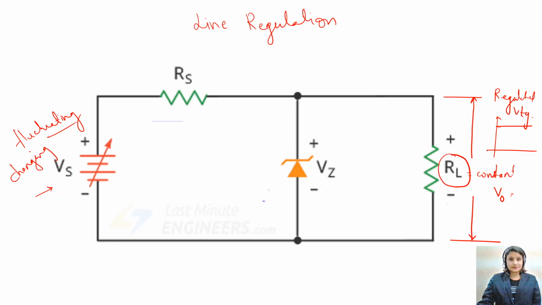If you see this load resistance, it is parallel with your Zener diode, and the voltage in Zener diode is always Vz. So I can say the voltage drop in RL will be equal to voltage in Zener. So that means my required output voltage VO will always be equal to Vz.